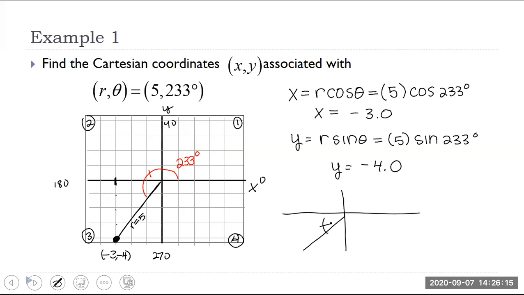But you can still find that coordinate because you can make a right triangle, and we're going to do some of this. If this was 5, and I told you that angle, you could figure out the y piece and the x piece going that way. You just have to realize that it's in that third quadrant. But we'll see some of that.